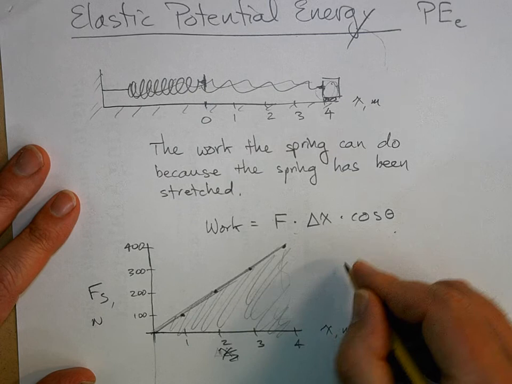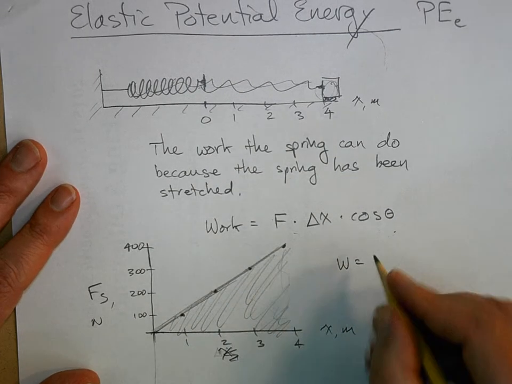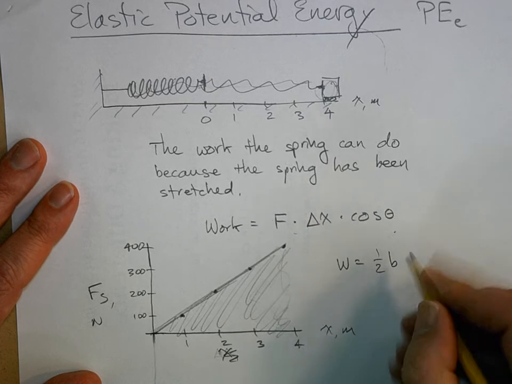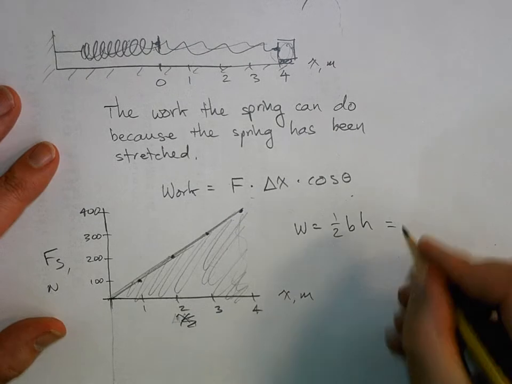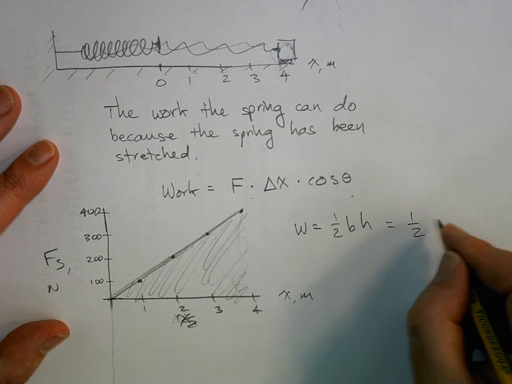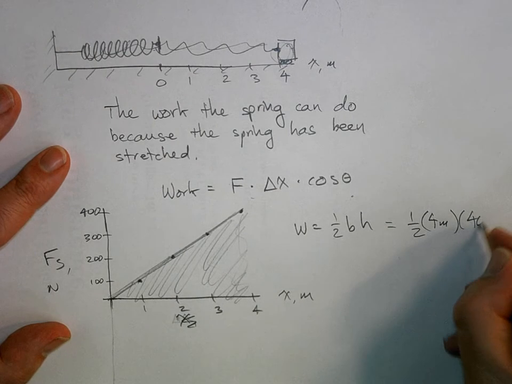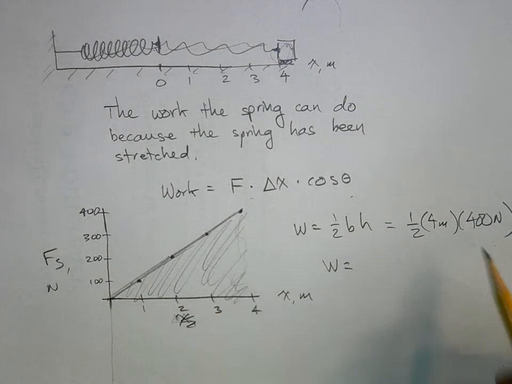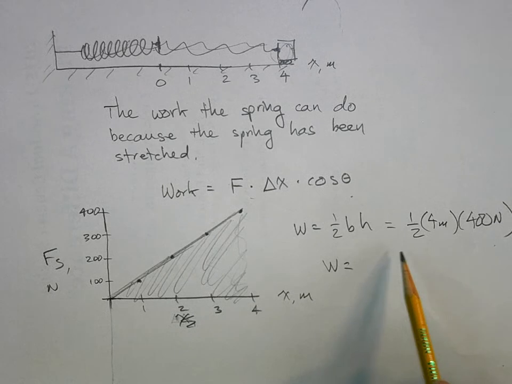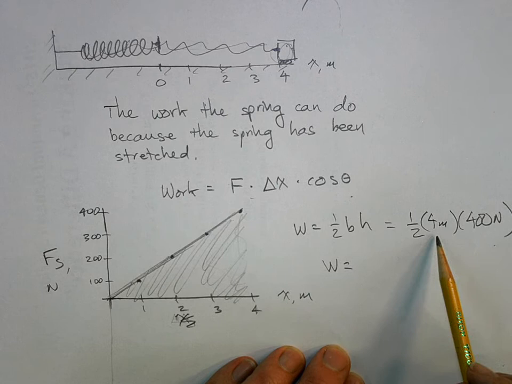So the work, the area, equals 1/2 the base times the height, which in this case is 1/2 the base, 4 meters, and the height, 400 newtons. So you can see here that the work done is 800 joules, right?